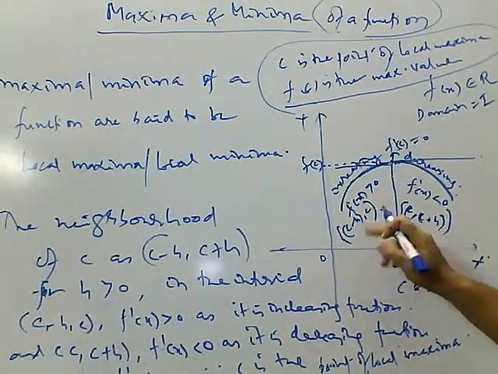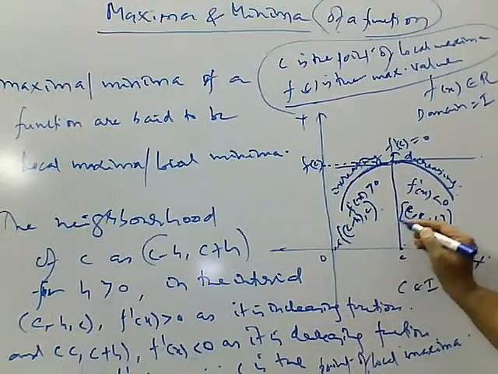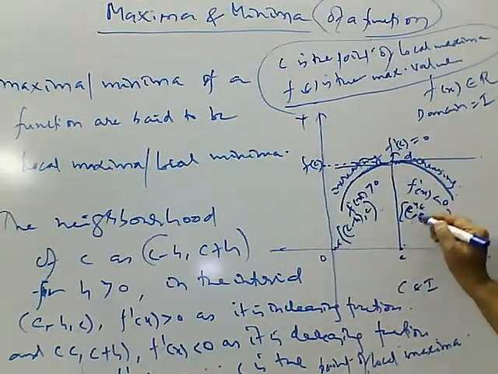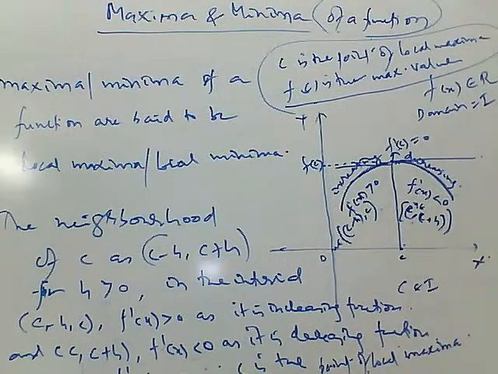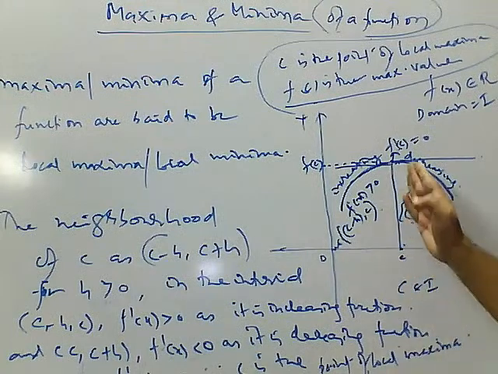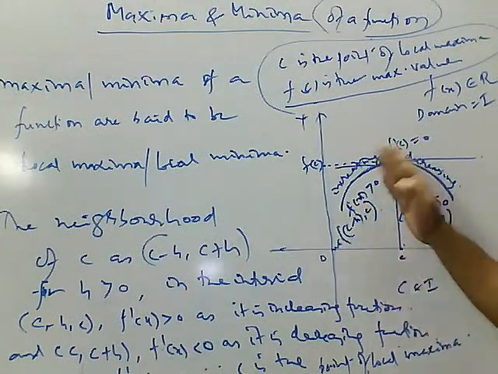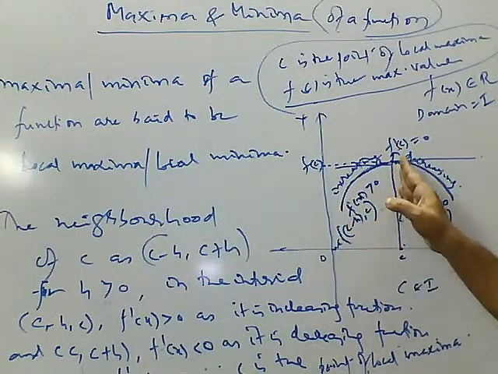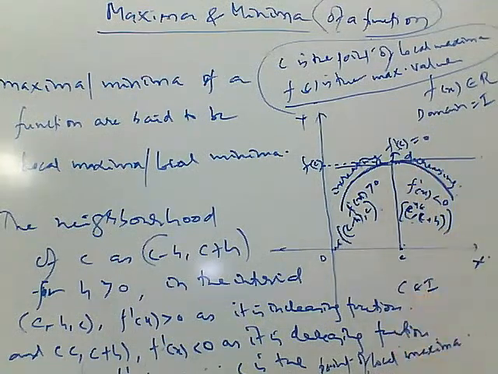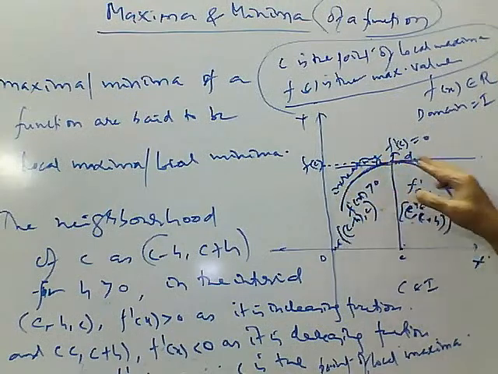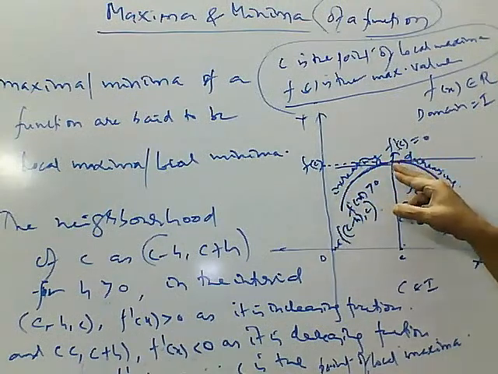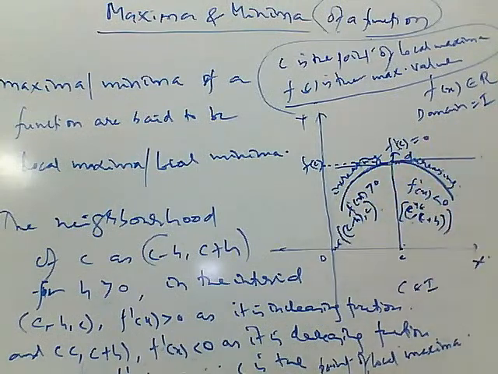For x in C to C plus h, f dash x is less than 0, so C is the point of local maxima. At the point of local maxima, the left-hand neighborhood is increasing and the right-hand neighborhood is decreasing. Otherwise, if a function converts from increasing to decreasing, the point is said to be a maximum value.